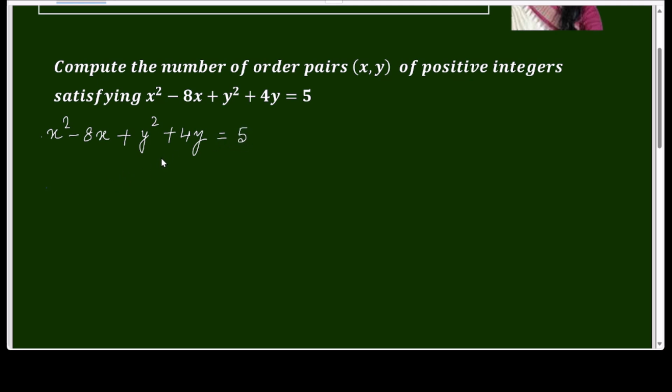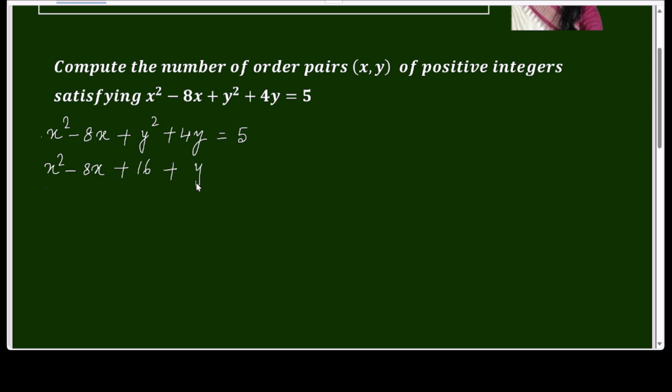Since it is a single equation with two variables, and x square, x terms are there, y square, y terms are there, I can make it into an equation representing a circle. So what I am doing, x square minus 8x, to complete the square I am adding 16 here so that it will be x minus 4 whole square.